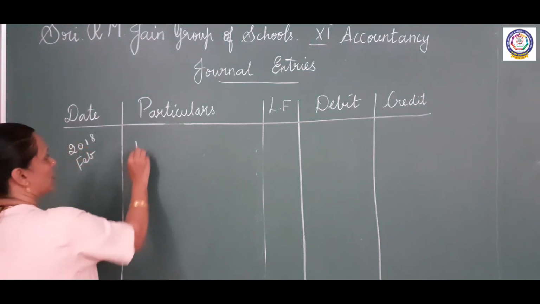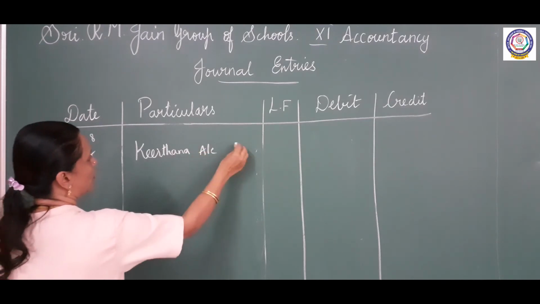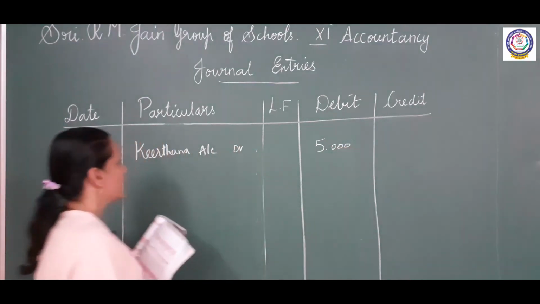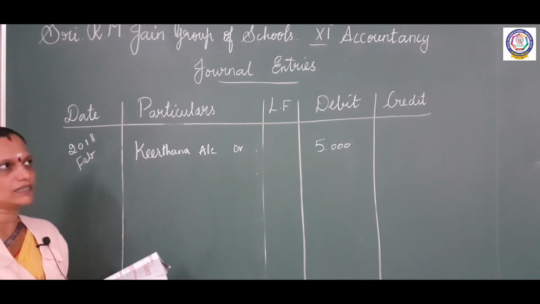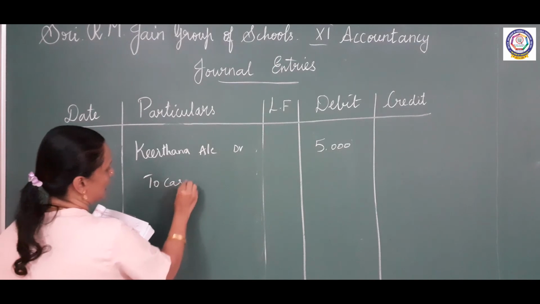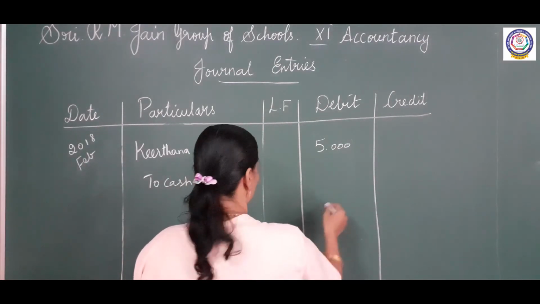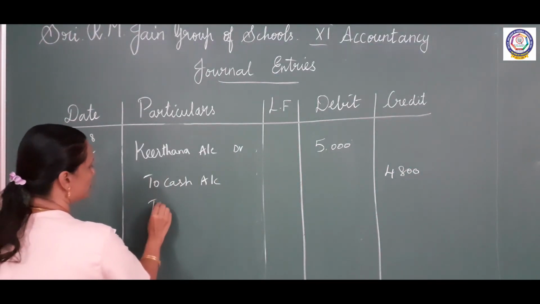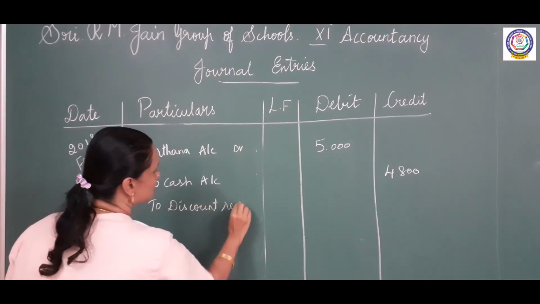Okay, so what should we do? So Kirtana account debit. How much? 5,000. Okay. But this is the creditor, so they have to be paid the amount. Okay, so to cash account, how much? 4,800 and then to discount received.